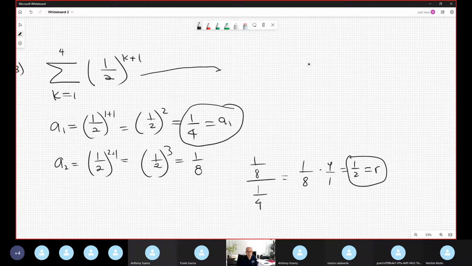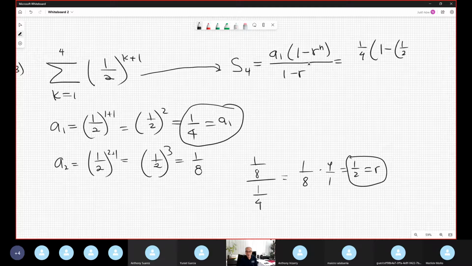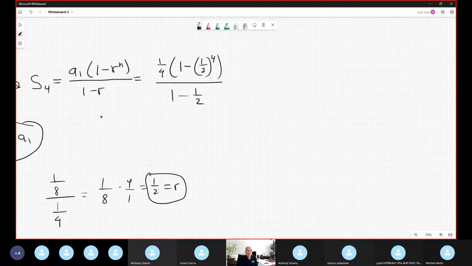Plugging in the formula. What formula? That formula. S4 is equal A1 times 1 minus R raised to the n power divided by 1 minus R. In our specific example, this is 1/4 times 1 minus 1/2 raised to the 4 power, because n is 4, divided by 1 minus 1/2. Okay, this is 16.